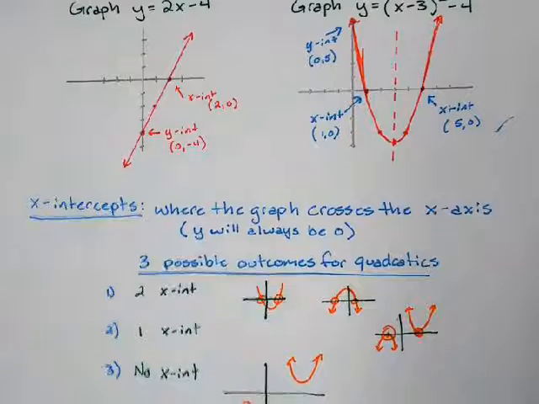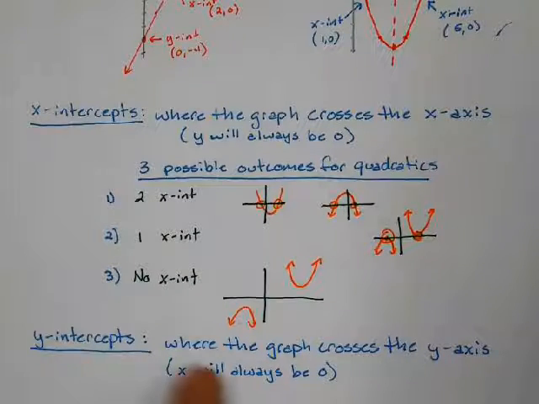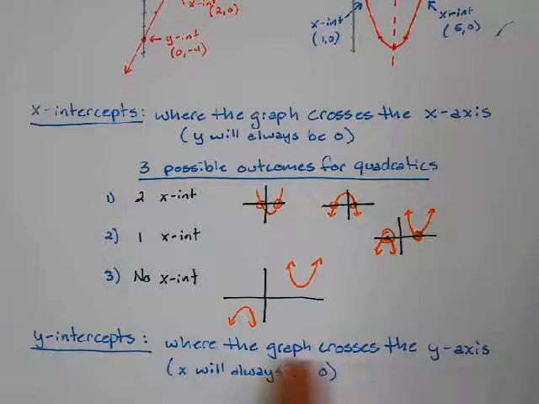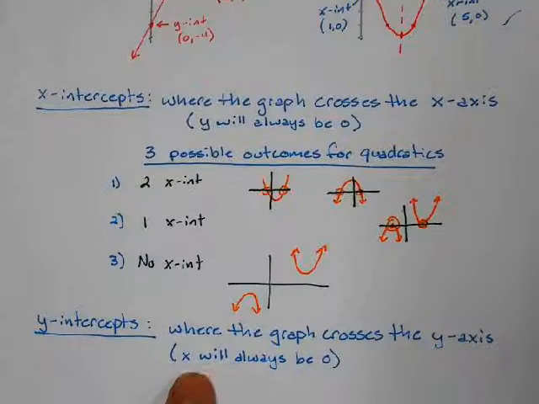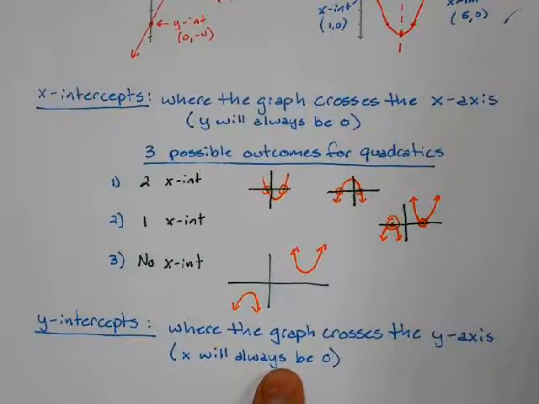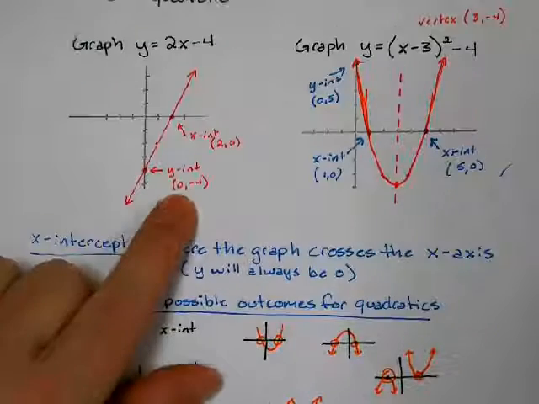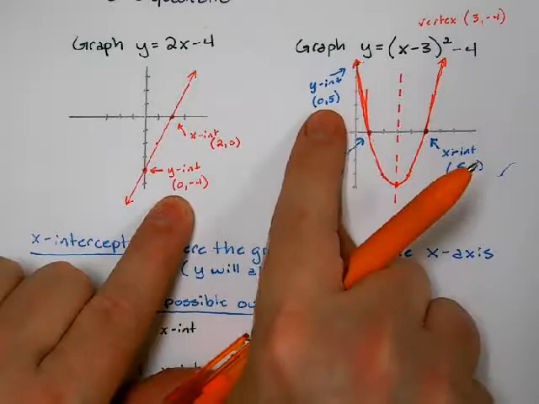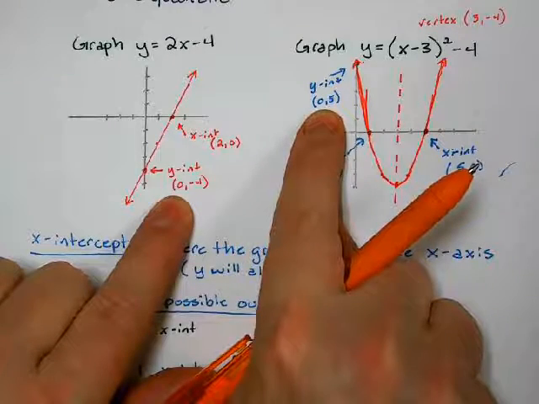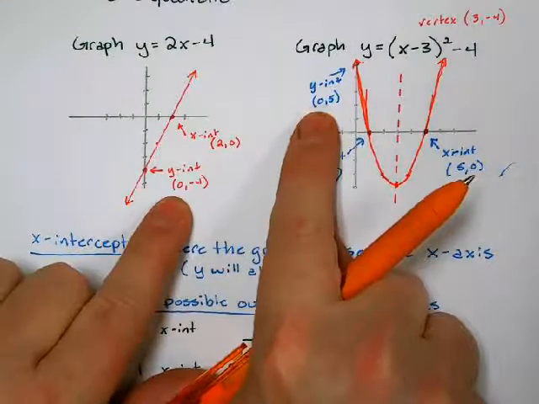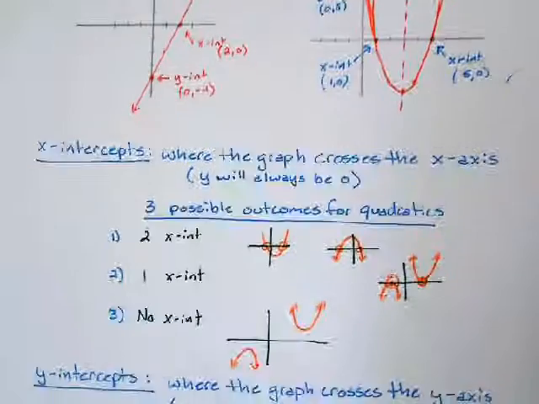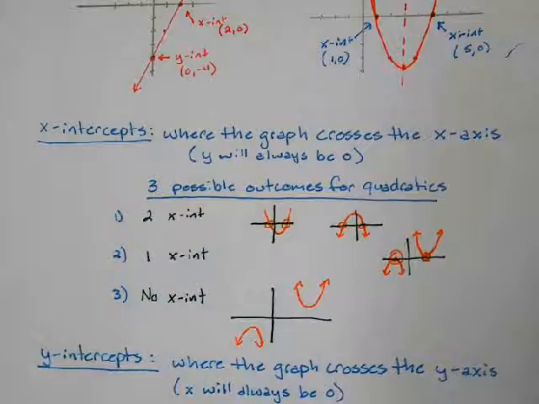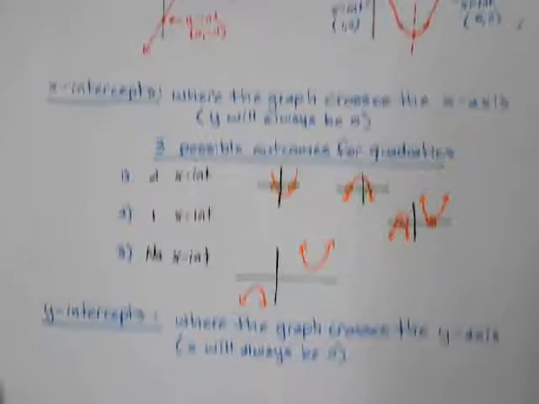All right, y-intercepts. Y-intercept is where the graph crosses the y-axis, and the x value is always going to be 0. Look over here, y-intercept was 0, y-intercept was 0, the x was 0. So every time we have y-intercept, the x value is 0. Now quadratics are always going to have 1 y-intercept, quadratic functions.